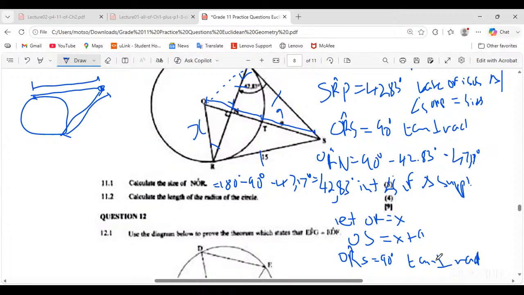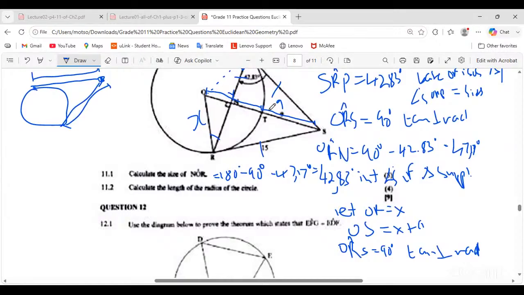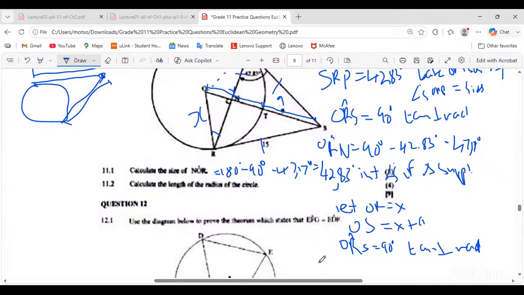We are going to use the Pythagoras theorem. We have the right angled triangle here. Now, we can simply say OS squared is equal to OR squared plus RS squared. What is the reason behind that? Pythagoras theorem.